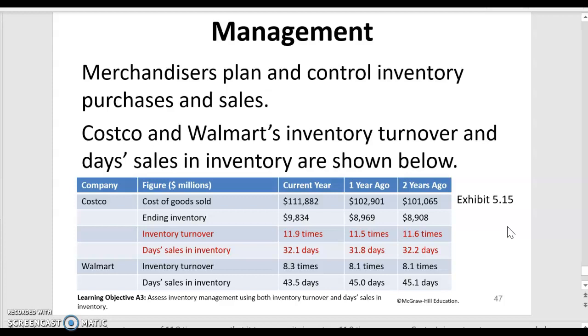So the more, the better. They're turning over their inventory more times than Walmart. Their days sales in inventory are 32.1 days, which is also less than Walmart. So it appears that Costco is a bit more efficient in managing their inventories, or it's just the different types of inventories. Costco probably has more perishable goods than Walmart.